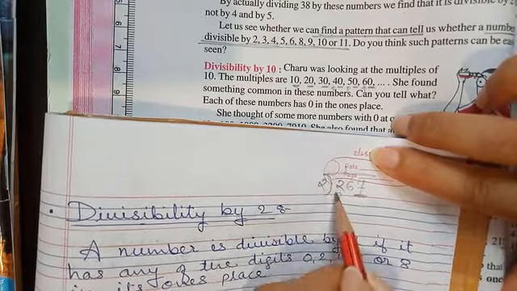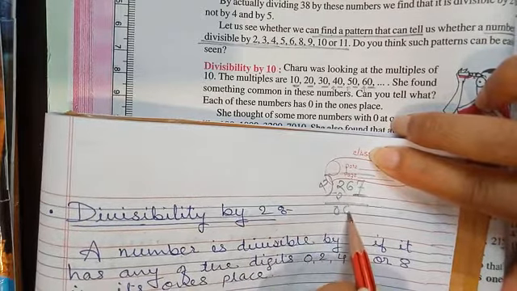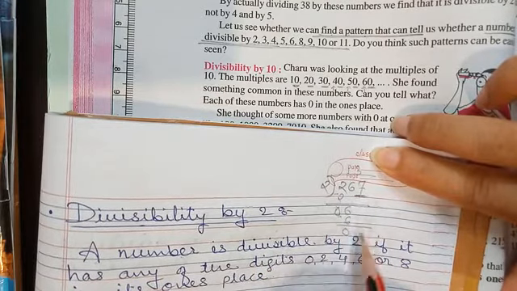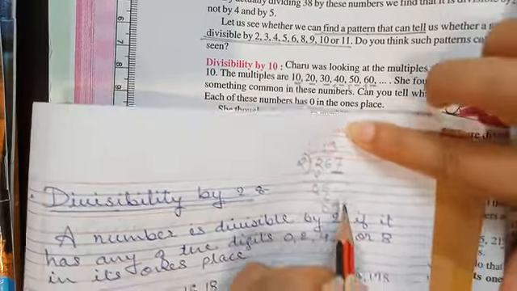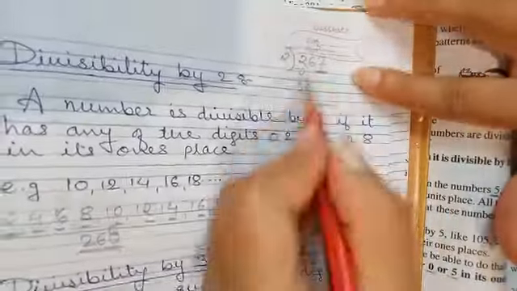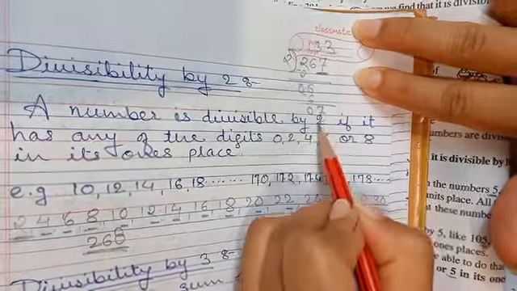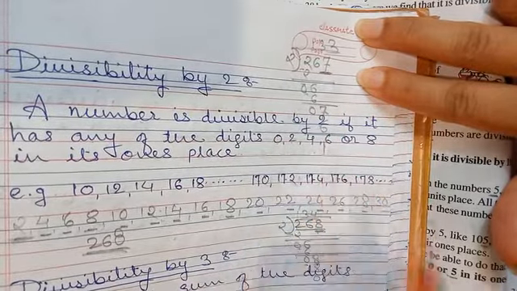2 ones are 2, then we'll take 6, 2 threes are 6, and then we'll take 7. 2 threes are 6, we get remainder 1.